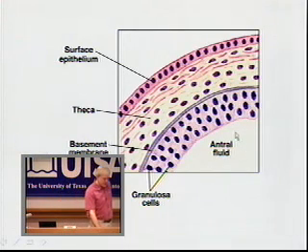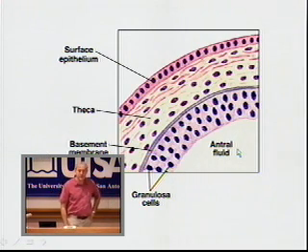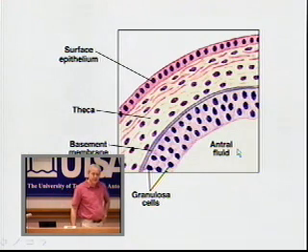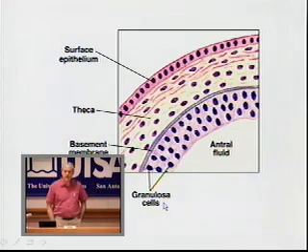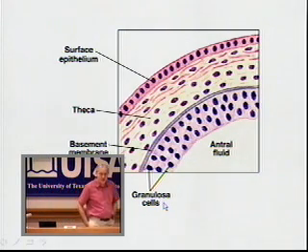So there is the antrum, the term for that space within the follicle. The follicular antrum is that space, the cavity, that is filled with fluid, the liquor folliculi. And the periphery of that antrum is surrounded by a multicellular layer of these follicular cells.